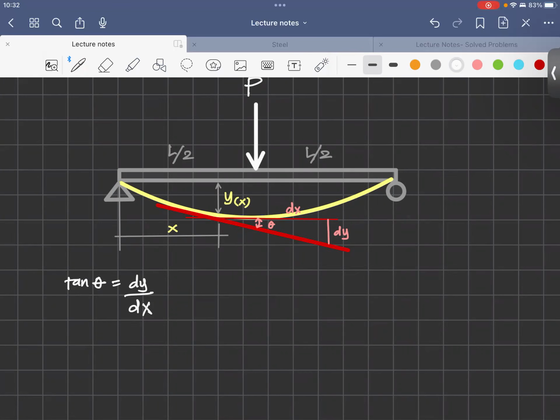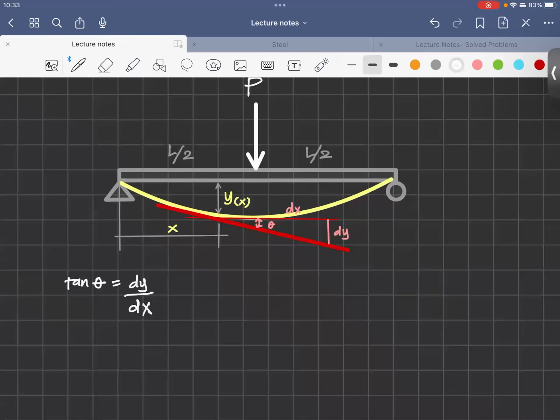For us to have another equation, the deflection on a beam is relatively small, especially the slope. It is not a very large value.